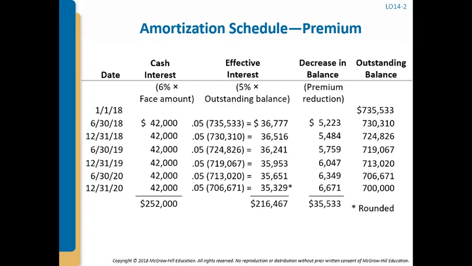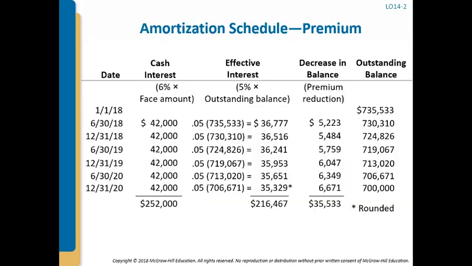And so the difference here between the effective interest and the cash interest is $5,223 in this first payment. And so you're actually going to have a situation where you're going to have interest expense that's less than the cash interest.